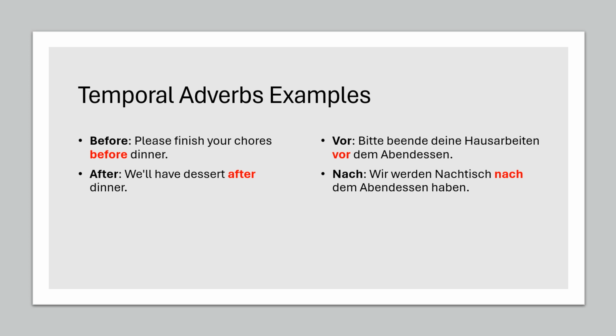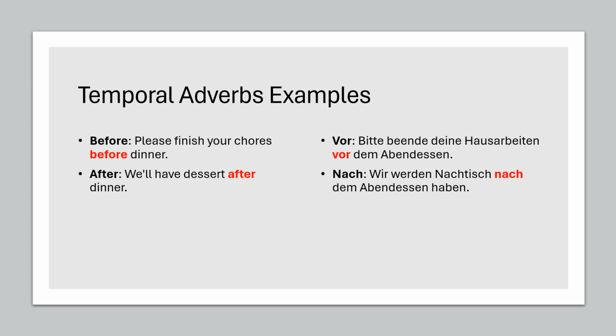Beende is finish, deine is your, Hausarbeiten is housework, vor is before, dem is the article, and Abendessen is evening food. So in this sentence, vor is the temporal adverb.